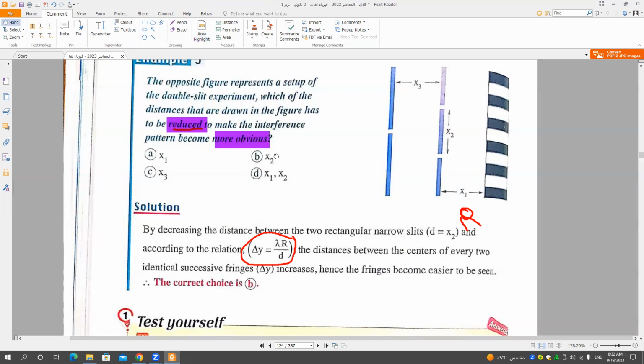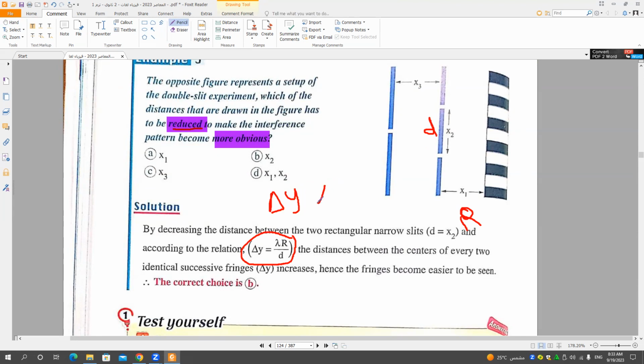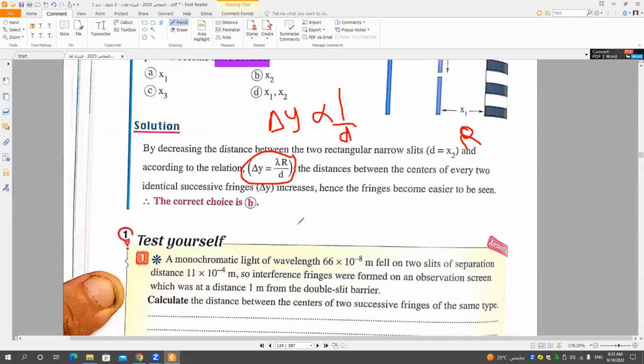So it will be x2 only, which is d, because it has an inverse relation. Delta y is inversely related to the distance d between the two slits. Okay.